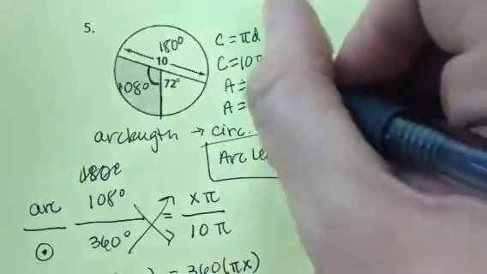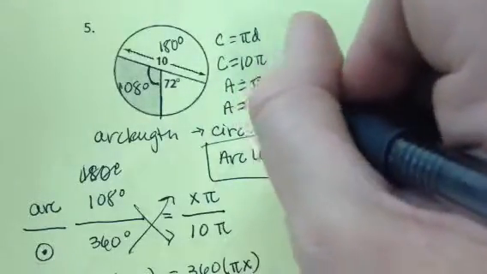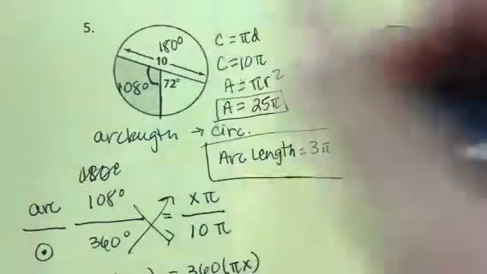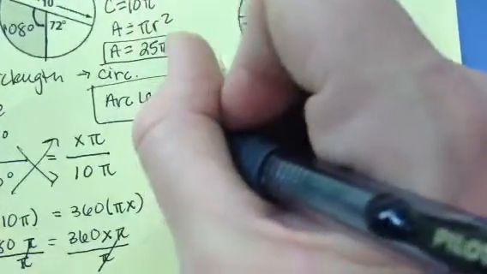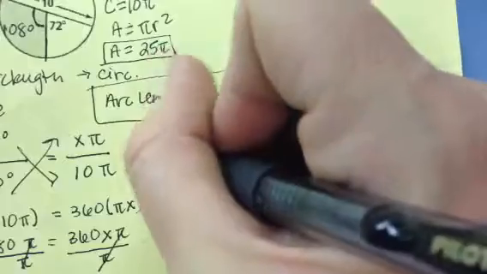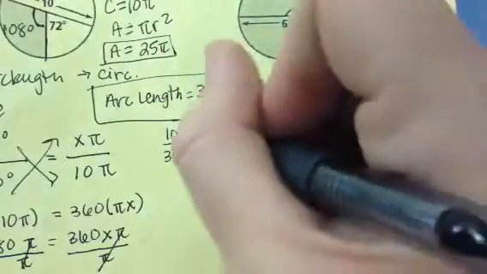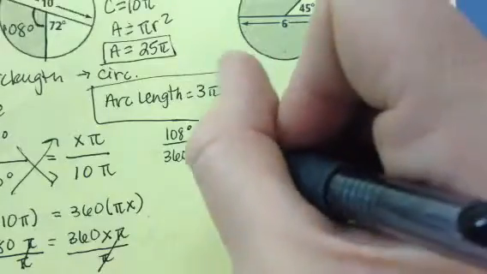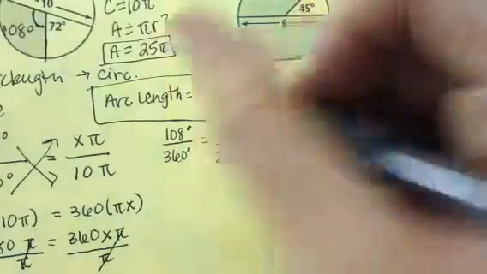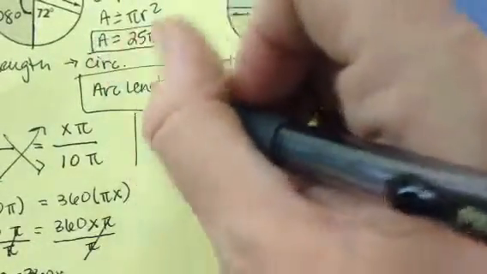So my area is 5 squared times pi, or 25 pi. So when I go to set up my proportion, I'm going to compare 108 to 360, and now I'm going to compare the unknown area to my area of 25 pi. So this is where I'm finding my area, over here.